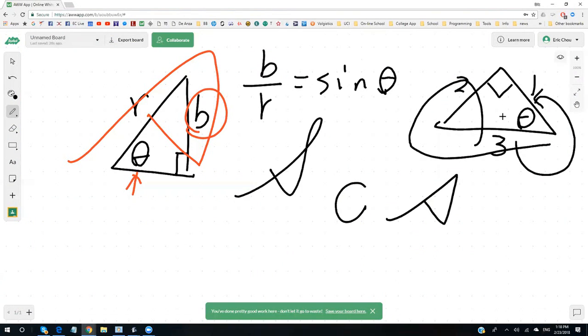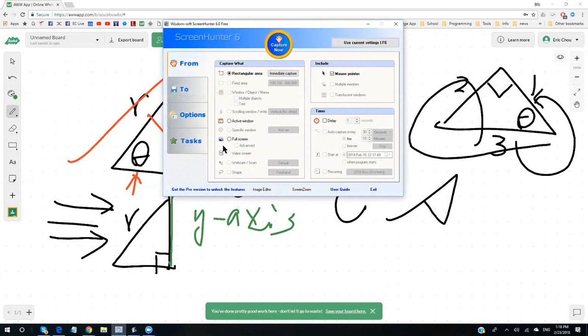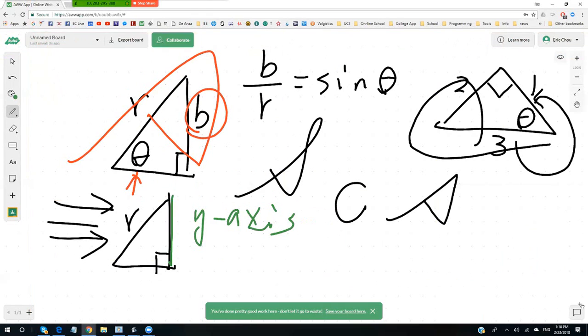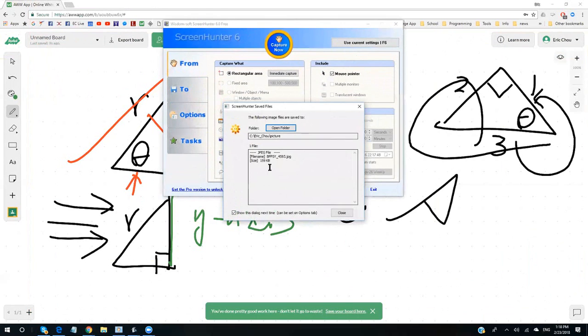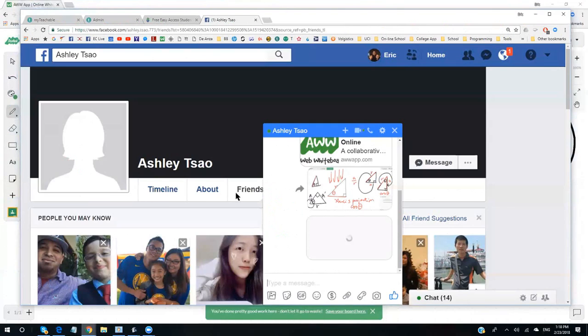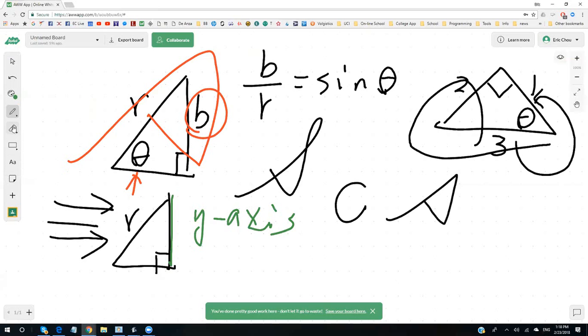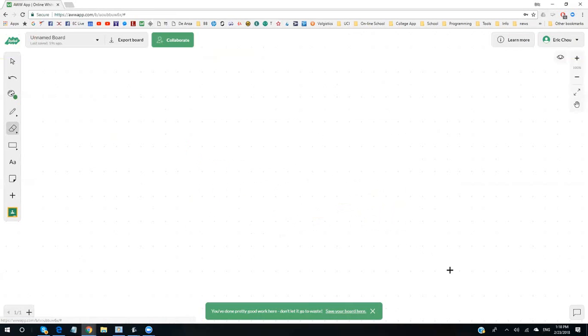Now this one, sine is actually your projection on this y-axis. Now I'll clean this.